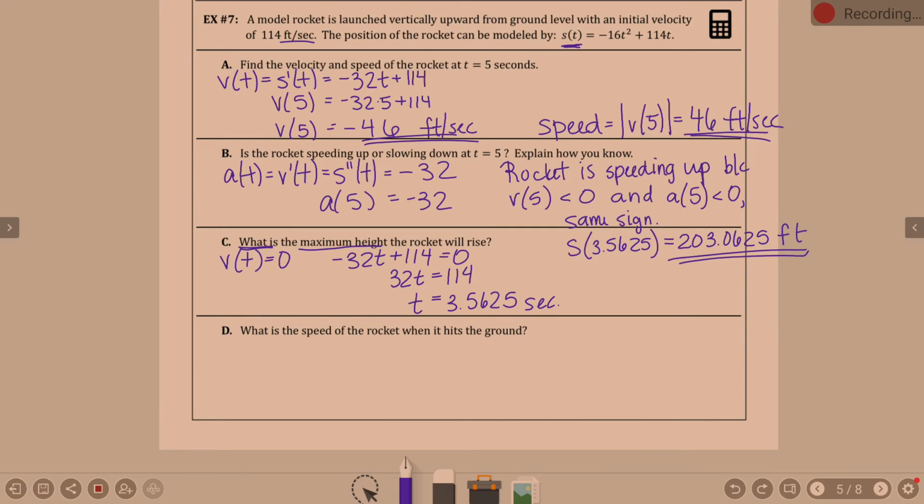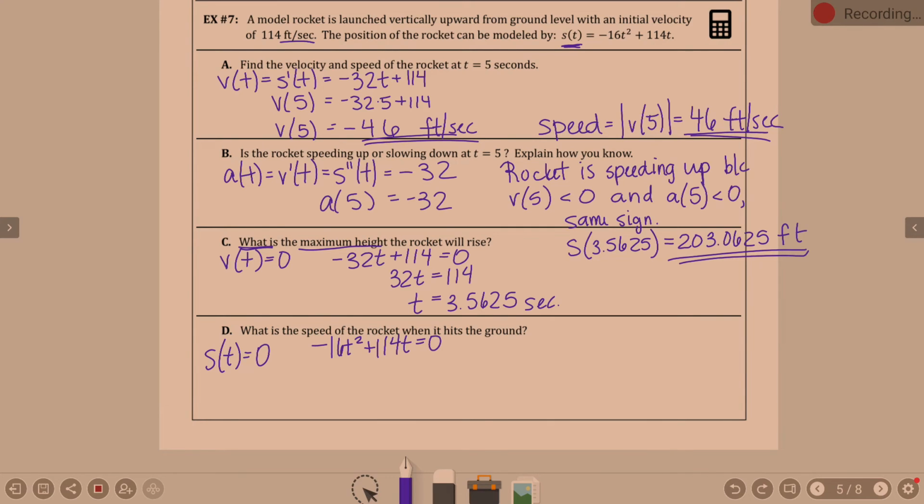What is 0? Position. You're looking for when the position is 0. Okay? And then going from there. So the position formula was negative 16t squared plus 114t equals 0.